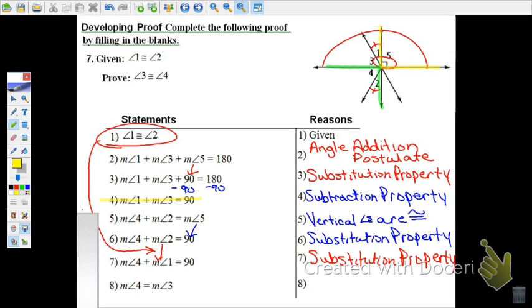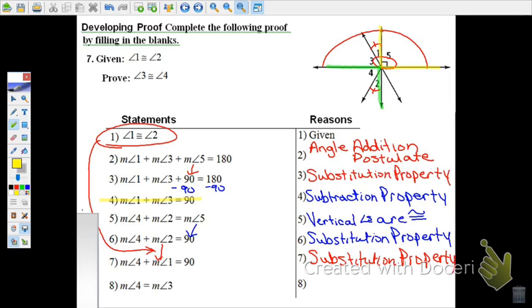If two angles equal 90, what do we call those angles? Complementary. They're complements of each other. So we say angle 1 is complementary to angle 3, angle 3 is complementary to angle 1. So angles 1 and 3 are complementary.